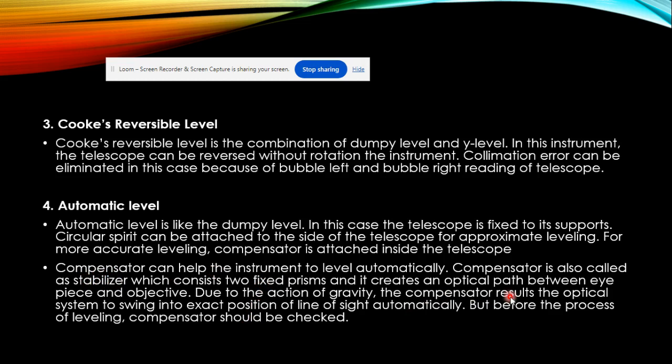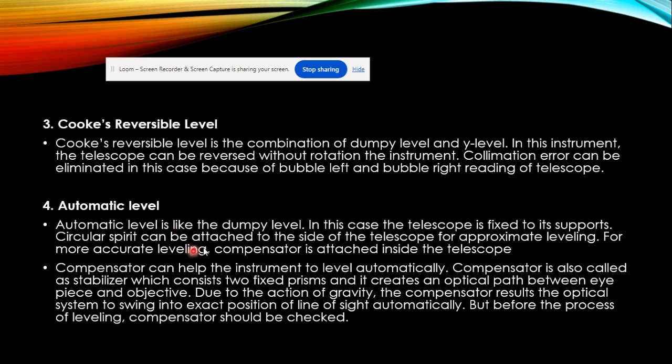A compensator can help the instrument to level automatically, and it's also called a stabilizer. We've said the automatic level is similar to the dumpy level, but the difference is that for the dumpy level you have to level your bubble manually, but for the automatic level, the spirit bubble is leveled automatically.